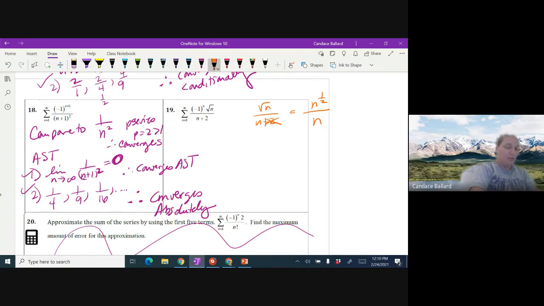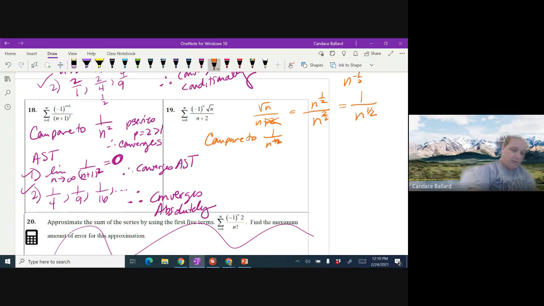So if I were to subtract those, or cancel one into the other, I would have 1 over n to the 1/2, or n to the negative 1/2, because I'd have 2 halves minus 1/2. All right, are we good with that now? Okay, so we're going to compare to 1 over n to the 1/2 power.